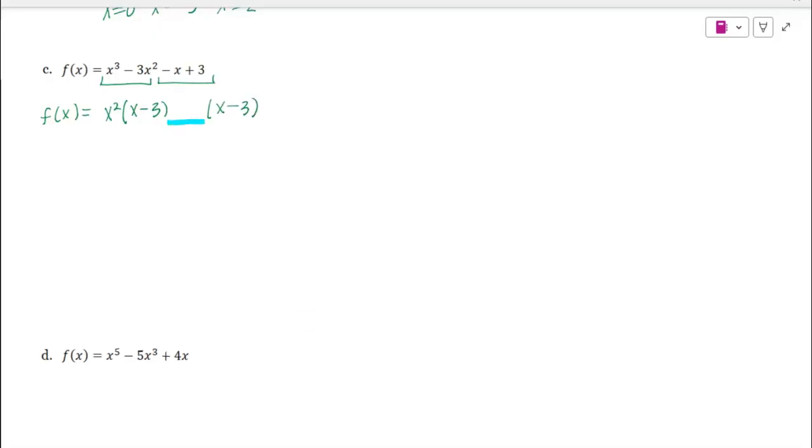I think about what I would have factored out to create an x minus 3 in the parentheses. It looks like that would be a minus 1. This will give me minus x and then plus 3, and that matches what I had up here. Now we'll group together the x squared minus 1 and the x minus 3. This is a difference of squares that factors into x plus 1, x minus 1.